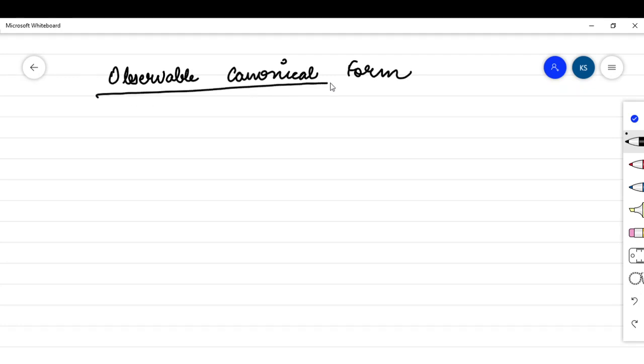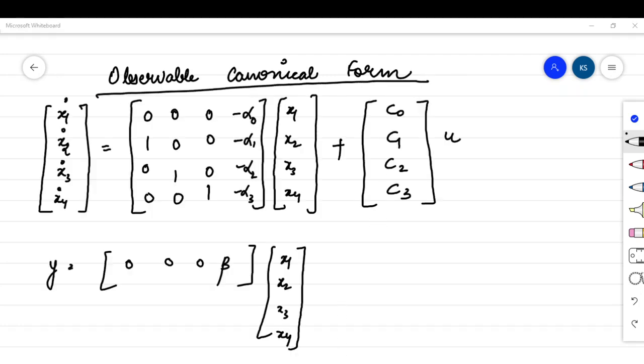What happens in observable canonical form is, you will observe that the A matrix in observable canonical form is just equal to the transpose of the A matrix in controllable canonical form. You just have to take the transpose of the controllable canonical form.